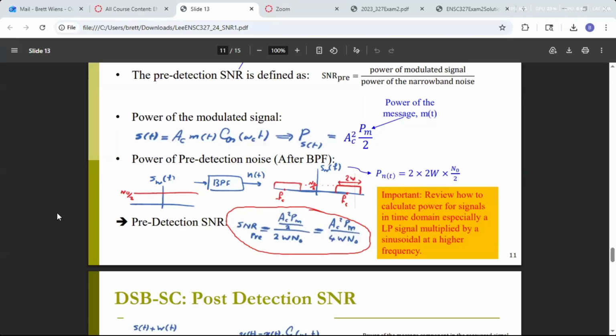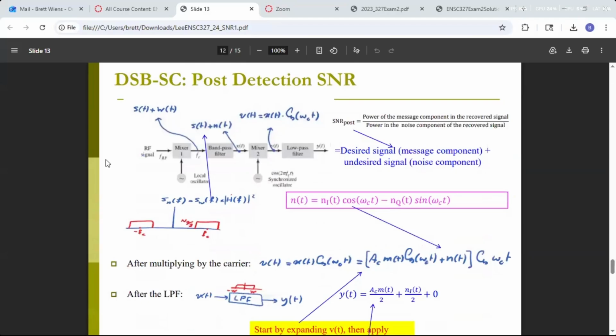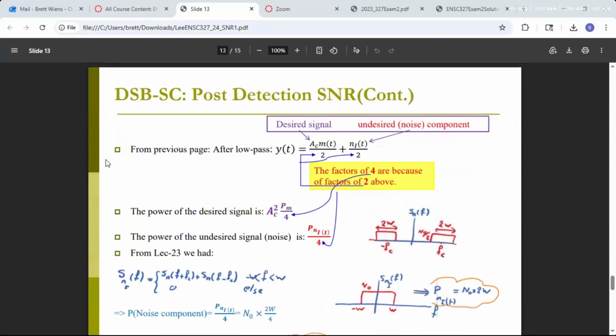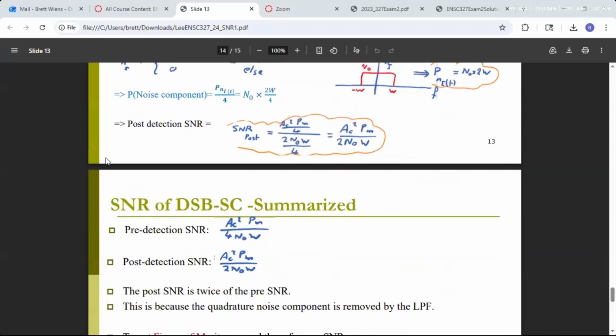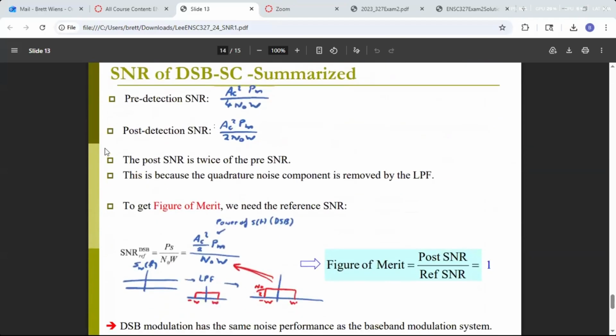So this would also be the reference, I think. And then down here, we get the other equations. So here's the summary, right? We have our pre-detection SNR, post-detection SNR, and our figure of merit, right? And then, of course, the reference SNR.